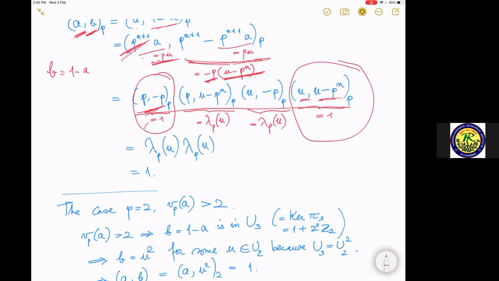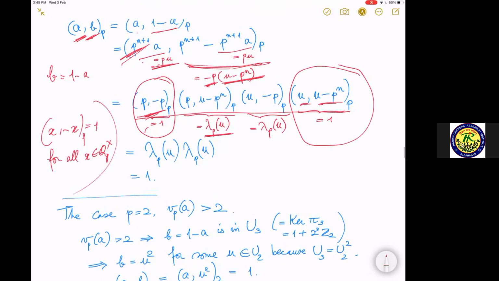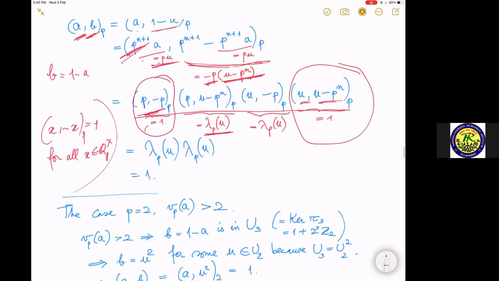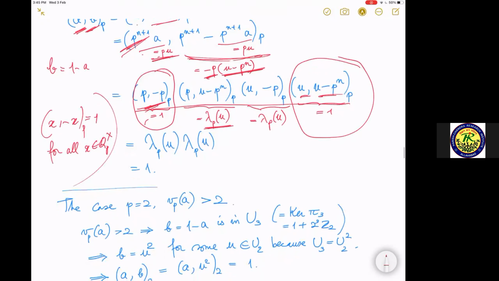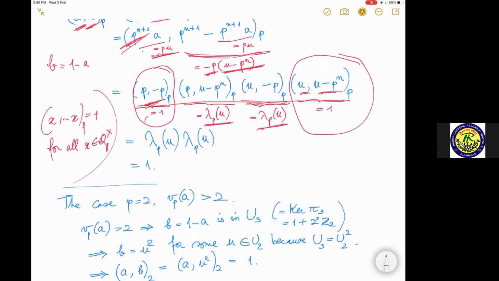We know that (x, -x)_p is 1 for all x in Q_p star, right? So this one is 1, and here I'll get lambda p of u. Here is your relation between the Hilbert symbol and the Legendre symbol. So this is lambda p of u, and this is also lambda p of u.